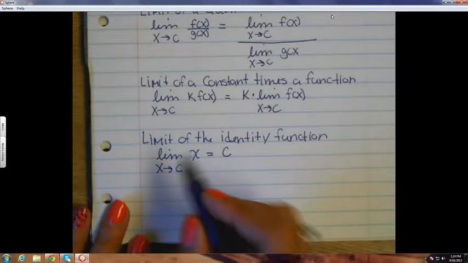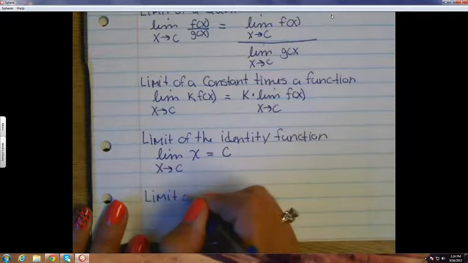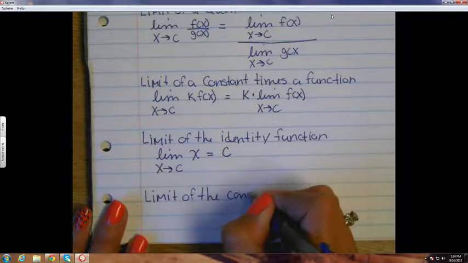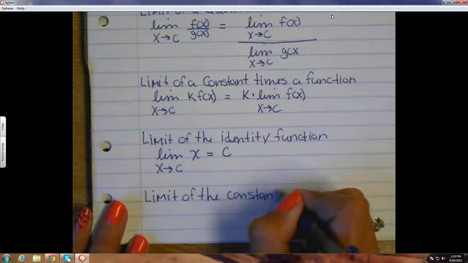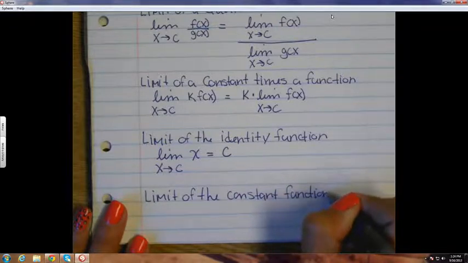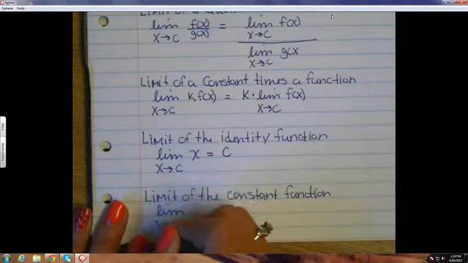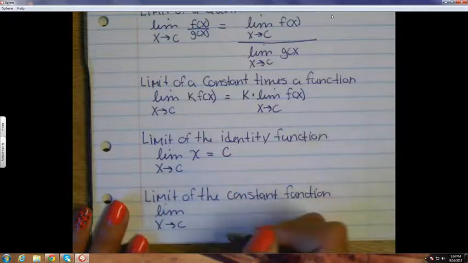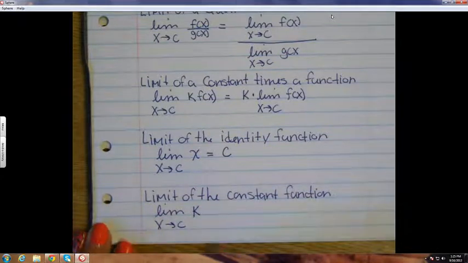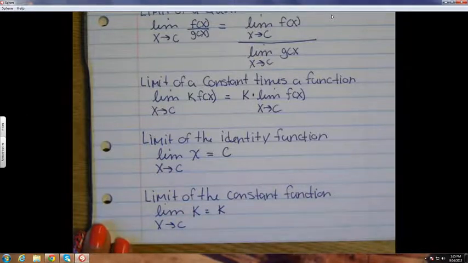And then the limit of the constant function, the limit as x approaches c of a constant, is equal to whatever that constant is. So what's a constant function?